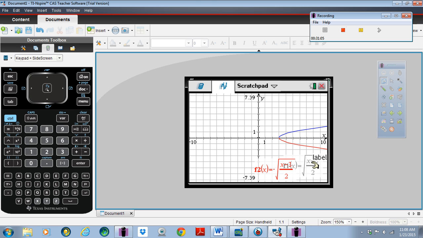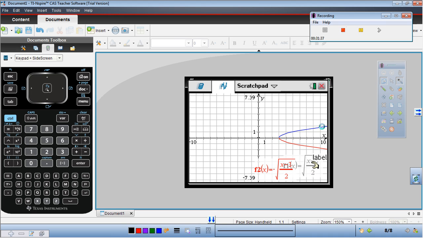You take your vertical line. You move it across the graph. Does it hit in two places? Yes, not a function. Vertical lines cannot hit in two places.